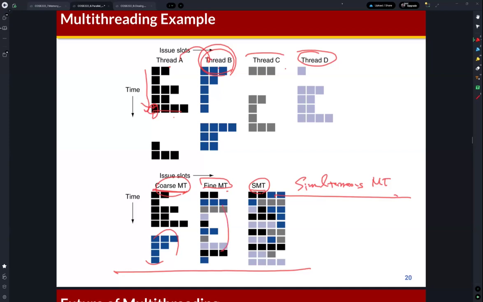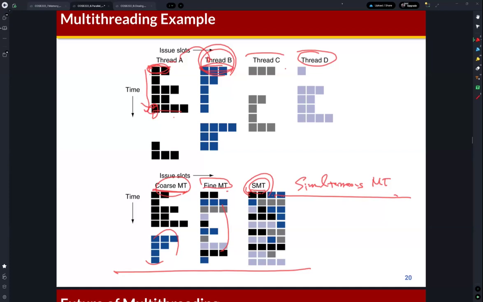And simultaneous multi-threading executes instructions using the available slots, right? In this example, thread A issues two instructions, and thread B issues three instructions.